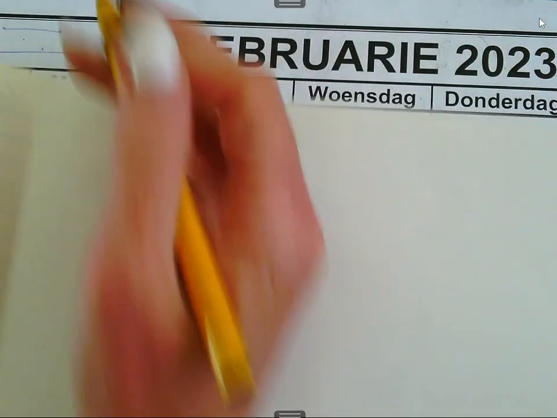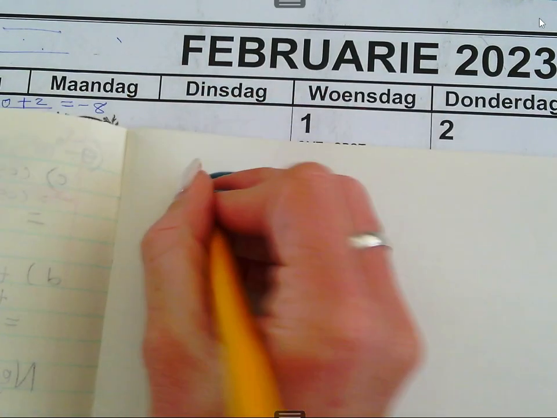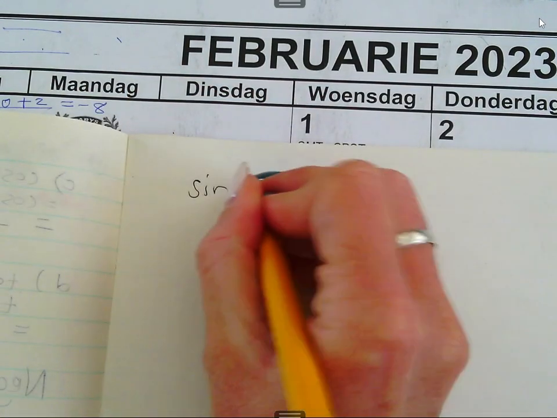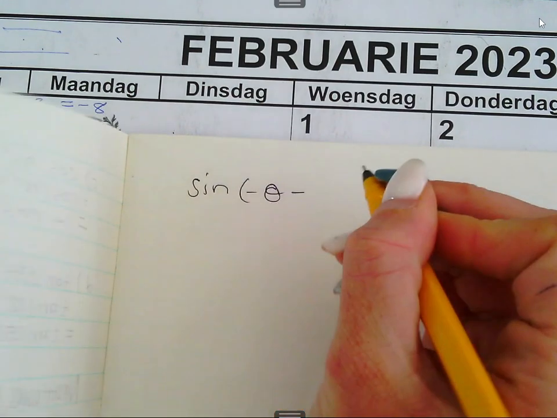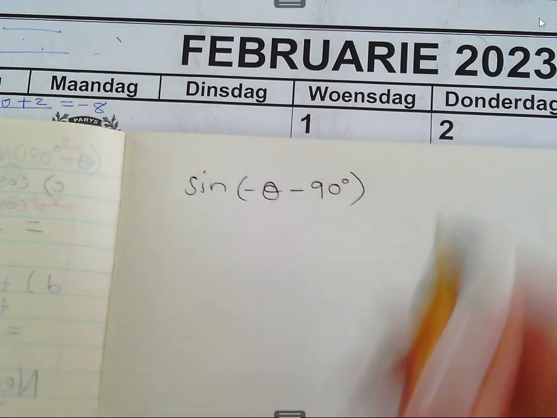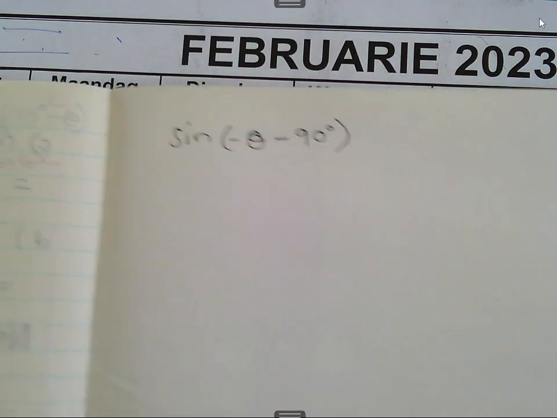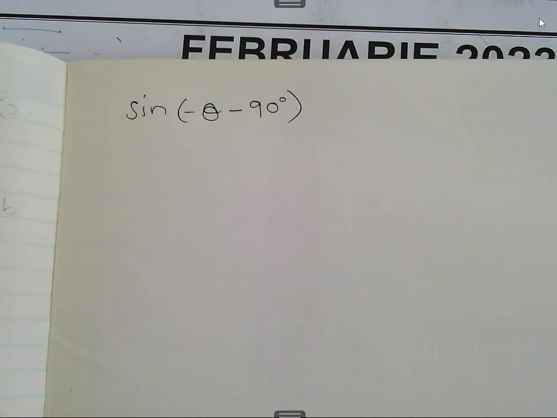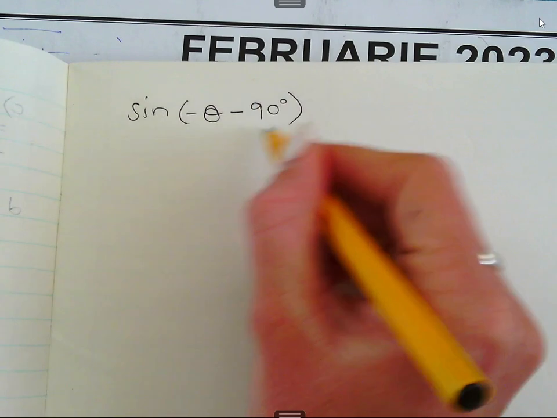I want to show you another example here. The sin of negative theta minus 90 degrees. Can you see that thing does not look right? The thing that's wrong with it is the 90 is negative.